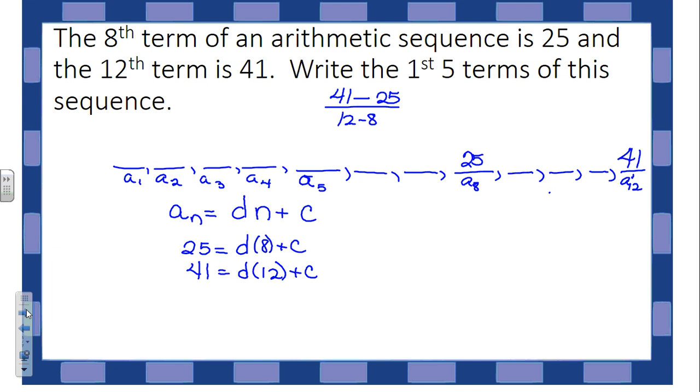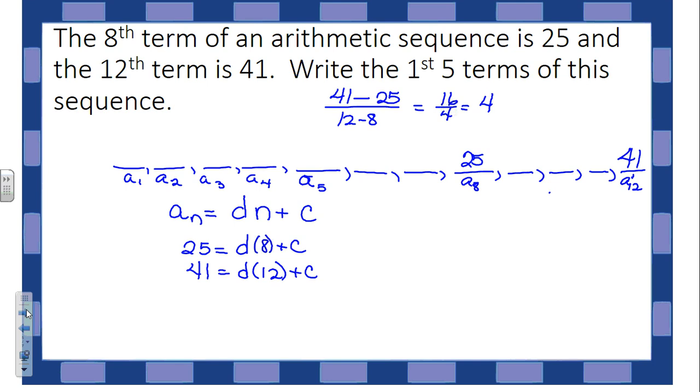So what is 41 minus 25? 16 divided by 4. So what's our common difference? 4. That's another way.